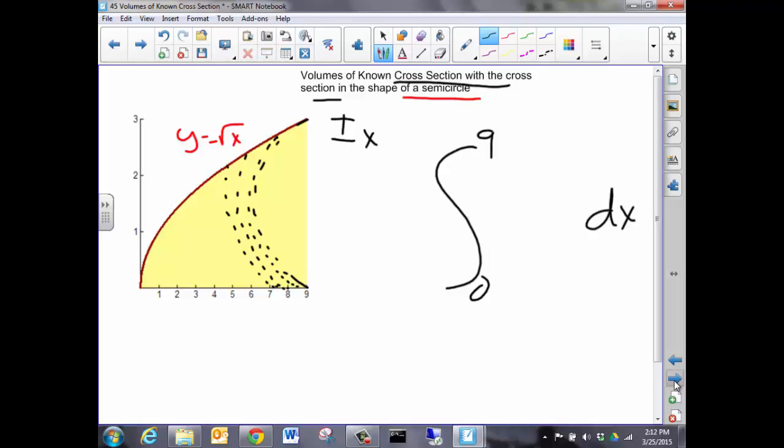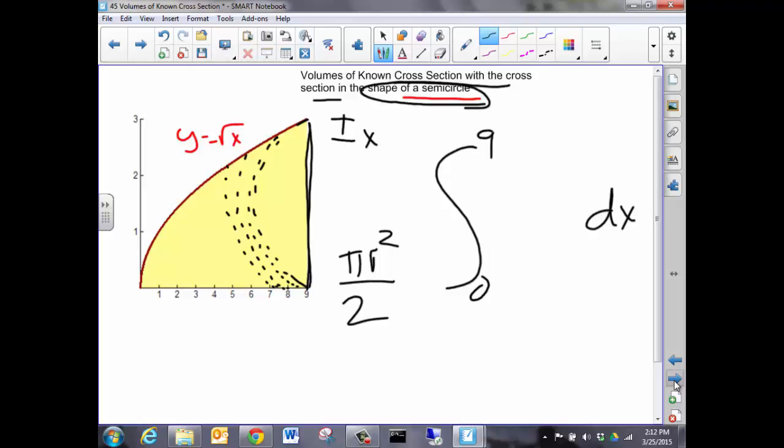I only put a pi out here if I've taken something and rotated it around the x or around the y. Now, the shape is a semicircle. How do I find the area of a semicircle? Pi r squared over 2. That's the area of a semicircle. Well, what is our radius?